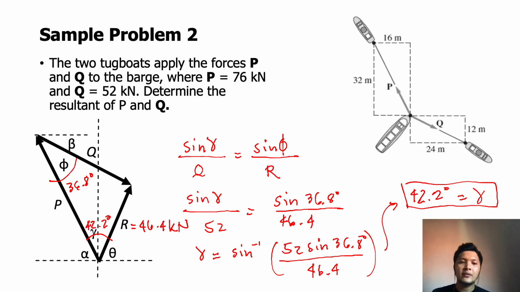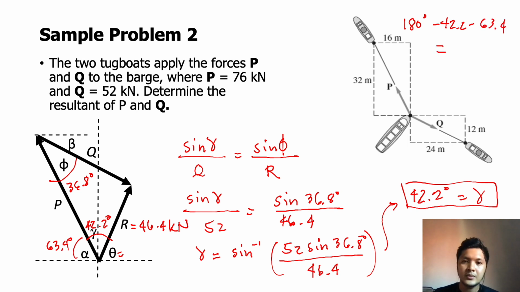Now, what we're looking for is this angle. Given that we have the value of alpha, which is 63.4 degrees, and gamma is 42.2, this should be equal to 180 degrees minus 42.2 minus 63.4.